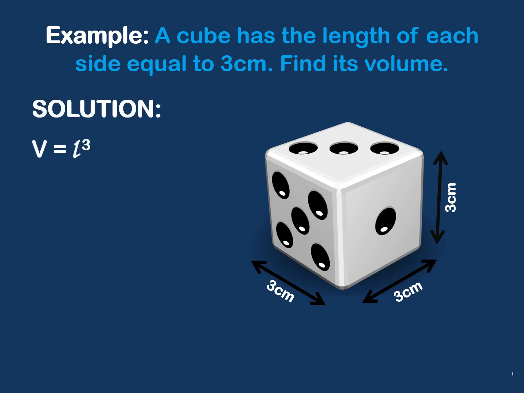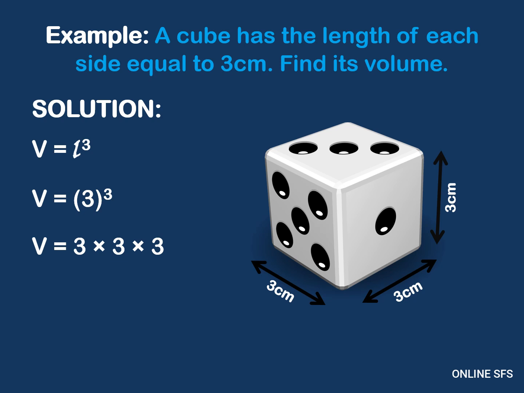First, we'll write down the formula, that is V is equal to L cube. We will substitute the value of L, that is 3 centimeters, and we will have V is equal to 3 cube. We can write it as V is equal to 3 multiplied by 3 multiplied by 3.